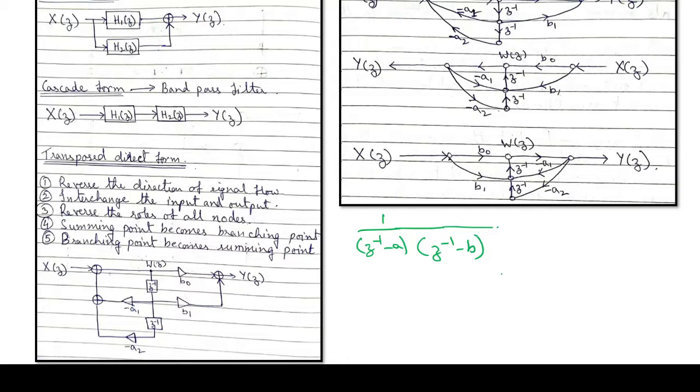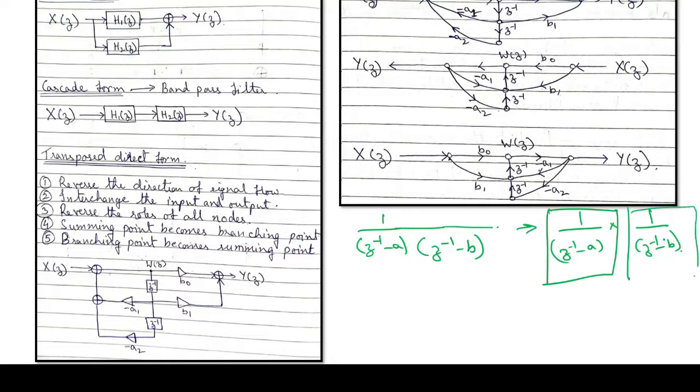If you want to do it in the cascade form, it is easier because you have to convert the transfer function into a multiplicative form. Okay, so this is a subsystem, this is another subsystem. So when in between you are having multiplicative terms, then you need to understand that you have to implement the filter using the cascade form realization.